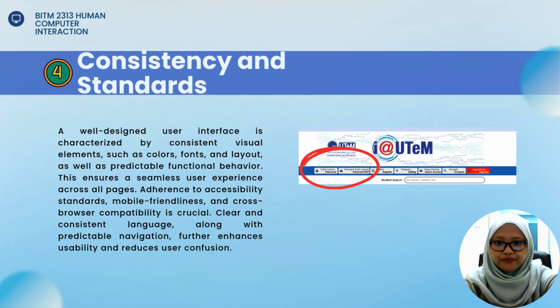For clear and consistent language, they separate between two items to avoid confusion. The example is you can see password and password hint, to make sure the student or the user knows where to go when some problem occurs.